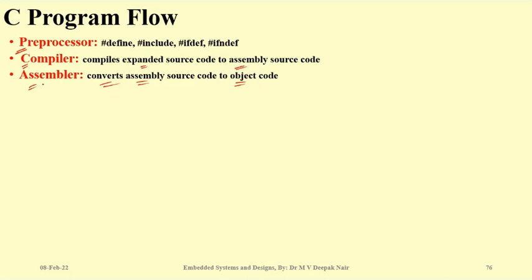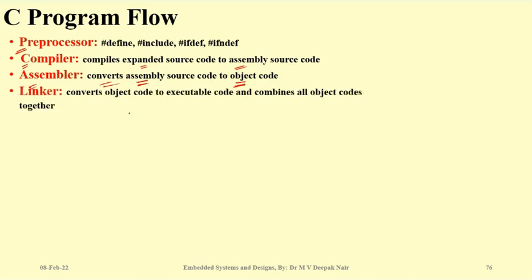Then the assembler converts that assembly language into its equivalent object code. Then there will be linkers. Linkers, like I said, are different from the link register, but linkers are generally used to combine all the different header files and their definitions, and connect all the objects together wherever you require them.